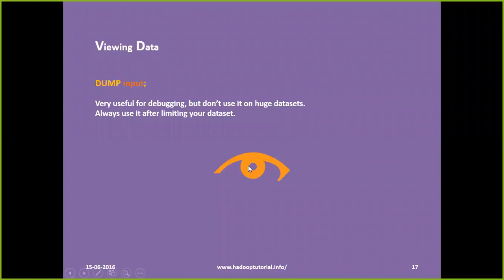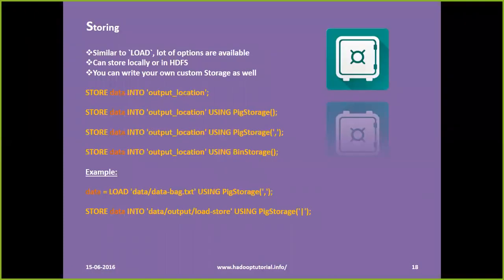When I say dump the dataset name, that prints all your contents onto the console. Instead of printing them onto the console, if you want to store those results into some location on HDFS, of course here we didn't do any transformation, we simply loaded that file. In real time, obviously, before you store, you will do some transformation.